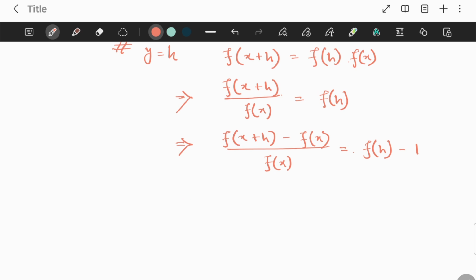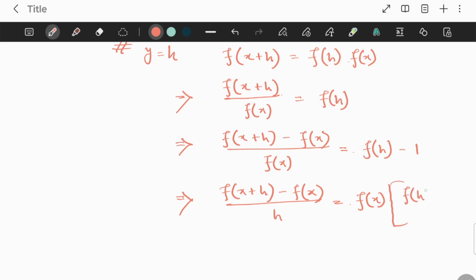Just by rearranging with a division by h, you will get f of x plus h minus fx divided by h equals, again we have to divide by h on this side also, f of h minus 1 by h.